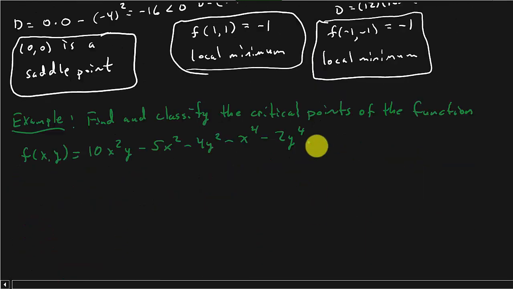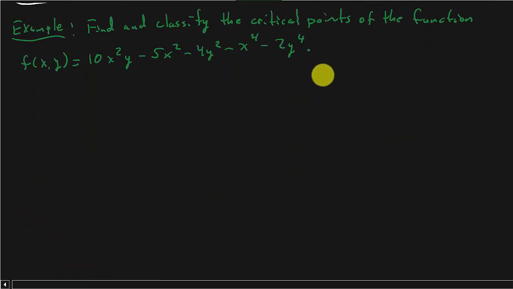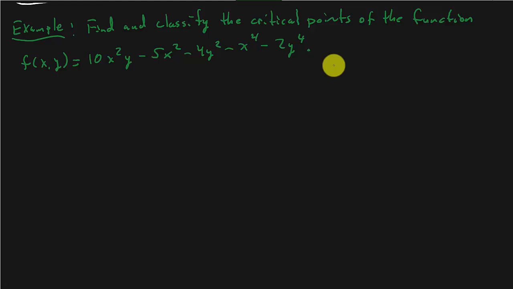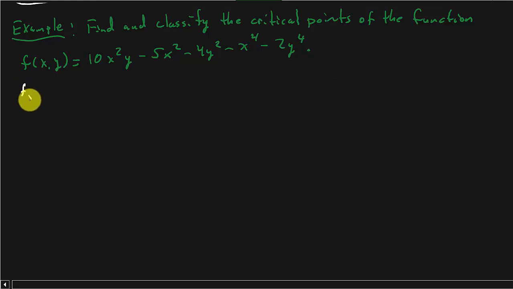All right, so let's look at this next example. It says find and classify the critical points of the function, this function right here. Let's start off by finding the first partials and see what we get. The partial with respect to x is equal to 20xy minus 10x minus 4x cubed.